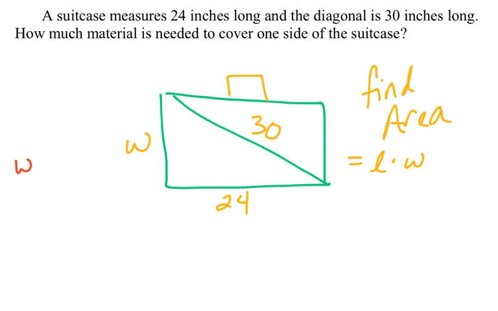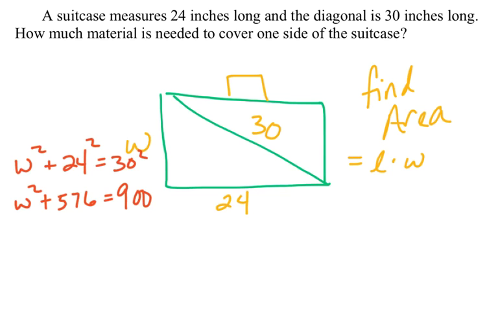Scratch that, w squared plus 24 squared equals 30 squared. So you get w squared plus 576 equals 900. Subtract 576. And then you get w squared is equal to 324.